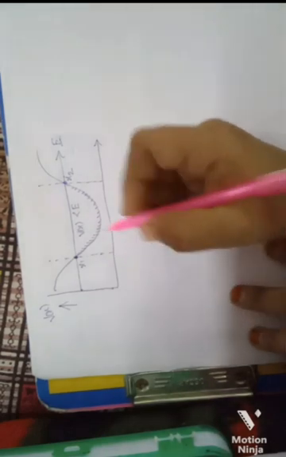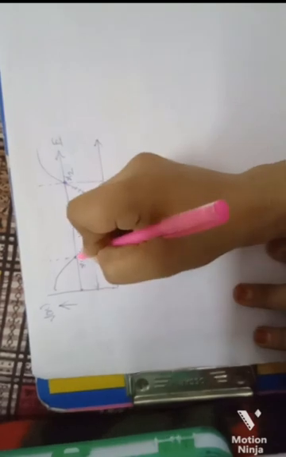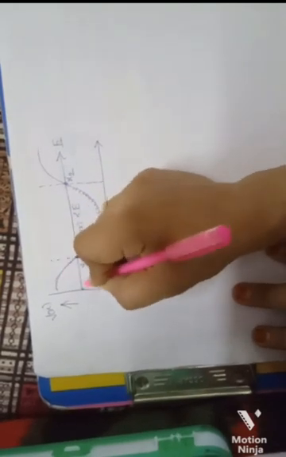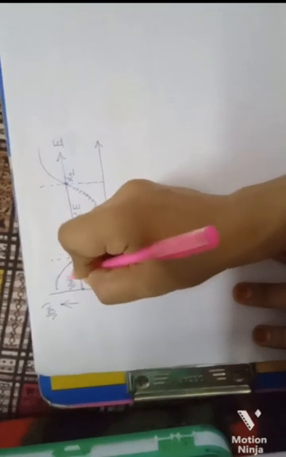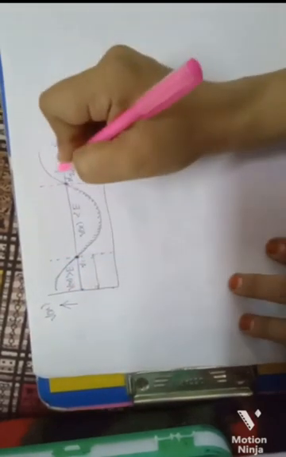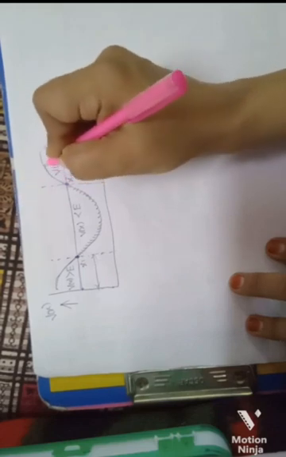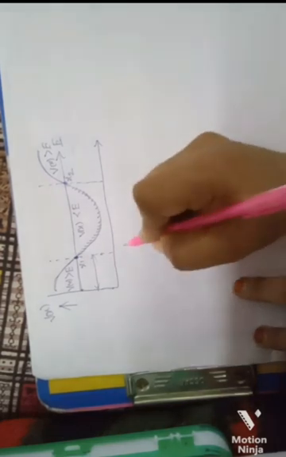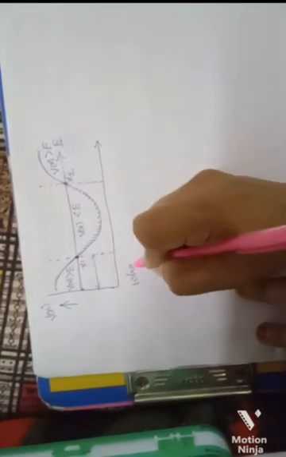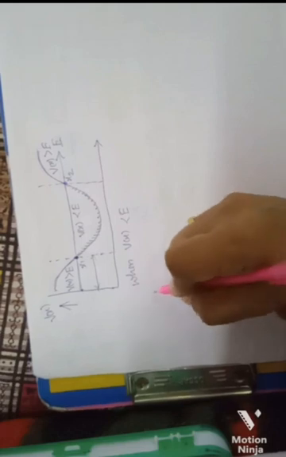And at these points, what happened? This V of x is greater than E, this is E and this is above it. So V of x is greater than E in this region. Now when potential is less than E, what is the kinetic energy?